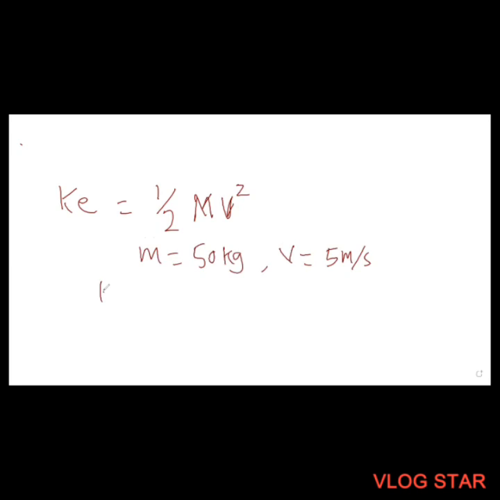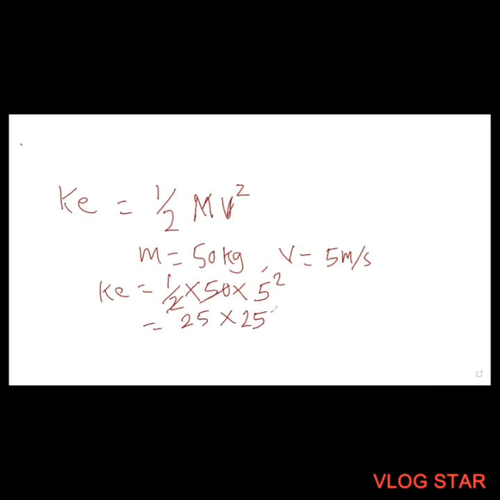So kinetic energy will now be half of 50, that is the mass, times 5 squared. Half of 50 is 25. So we have 25 times 5 squared, which is also 25.